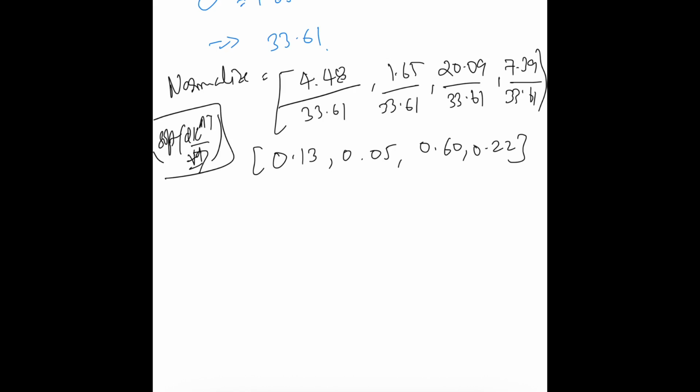And this is for "I love Indian food." So now this gives us this built-in intuition. This says that the word Indian should pay 60% of the attention to itself, 22% attention to the word food, 13% attention to the word I, and then 5% to the word love, right?